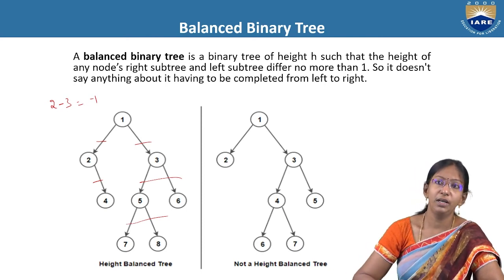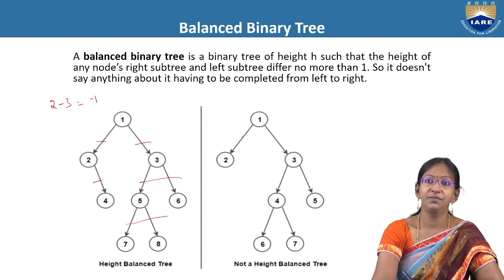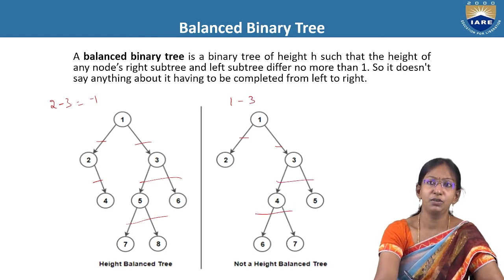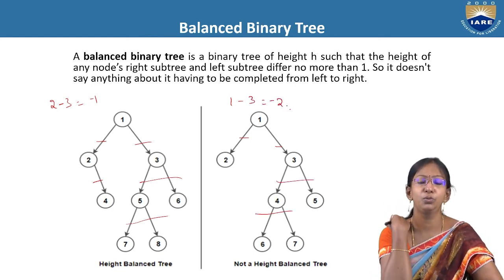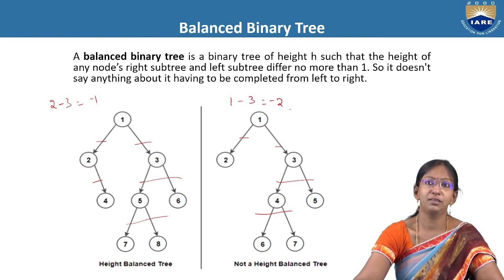Okay, coming to the tree which is on my right side. Left side height is 1, right hand side height is 3, which is minus 2, which is not abiding by the rule of balance factor. So it is not a height balanced tree.